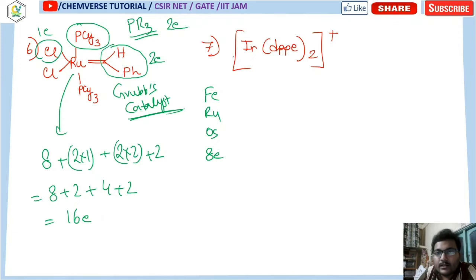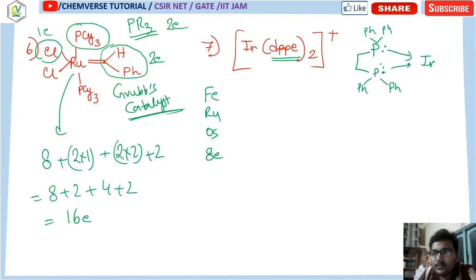Okay. Now coming to this one, DPPE. DPPE has a structure like this. It has 2 phosphorus atoms, each donating 2 electrons to the iridium, so DPPE is a 4 electron contributor.